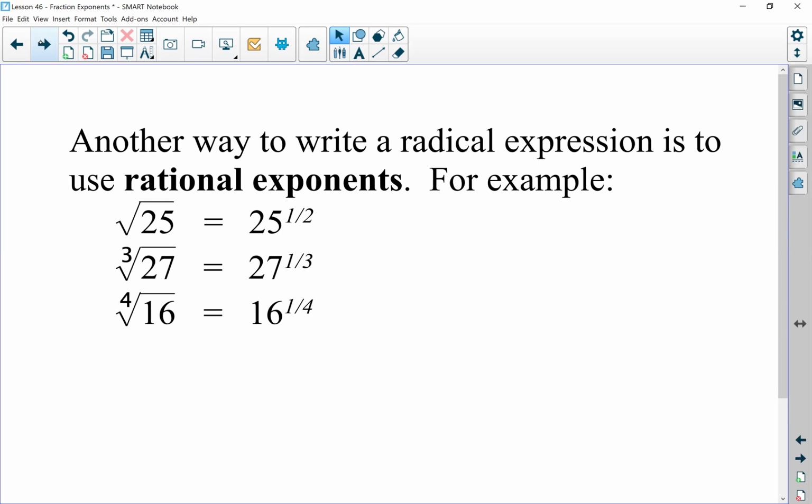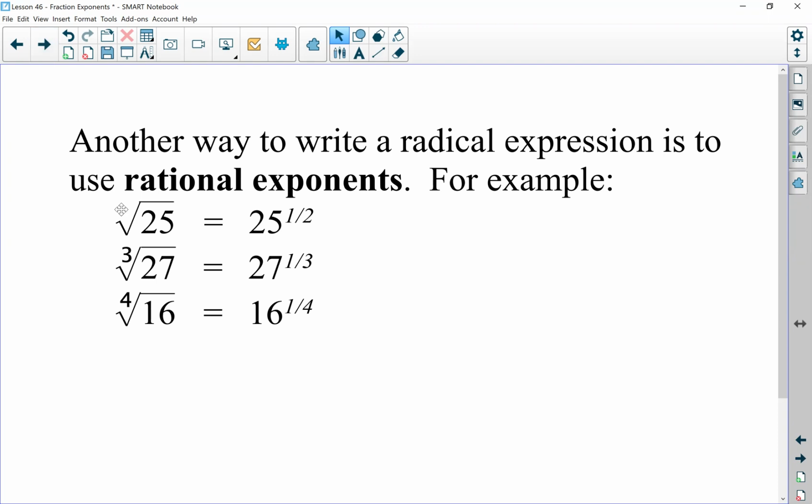So we know how to write square root, cube root, fourth root using the root symbol. But another way to write them is to use rational or fractional exponents. For example, the square root of 25 would be 25 to the 1/2 power.